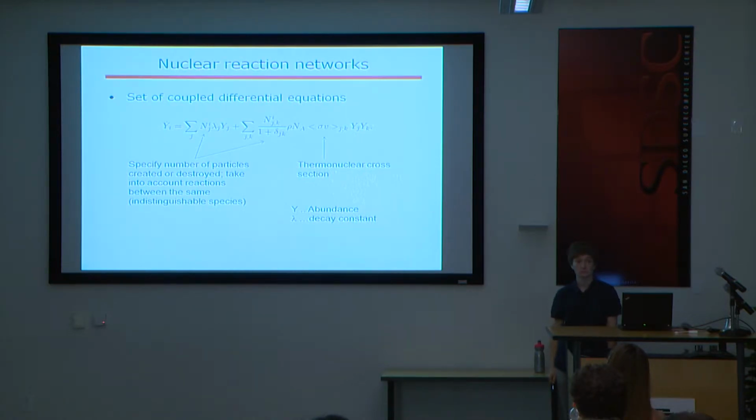Yes? When you're doing these kinds of calculations, do you vary lambda with time, or do you just assume that you're in an environment where your photons and leptons and neutrinos are in a steady state distribution? So that's a very good question. Here, obviously, I talked about the energy dependence before. Here, I completely ignored it. So it depends on the type of reaction. Typically for beta decays, we assume they're constant.